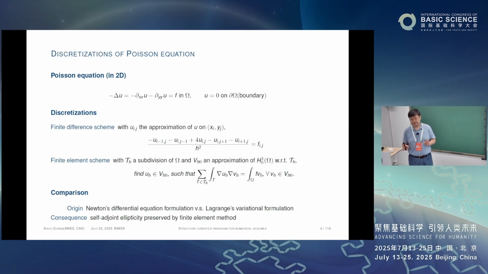I will not discuss too many details about this, but this preservation admits us to use the theory of functional analysis, particularly the Banach closed range theorem, to analyze the finite element method. This is a key issue, and it is very crucial in preserving the physical property of the original problem.